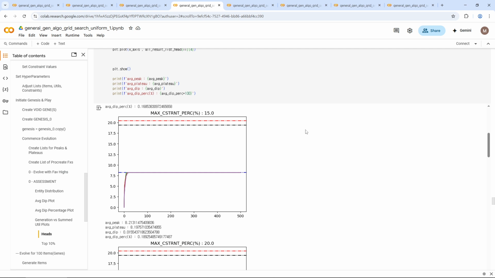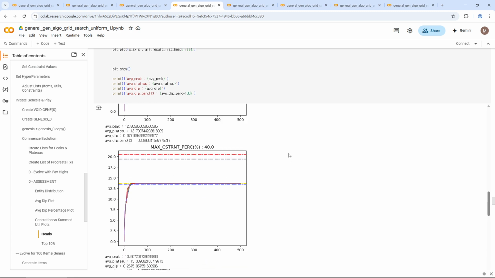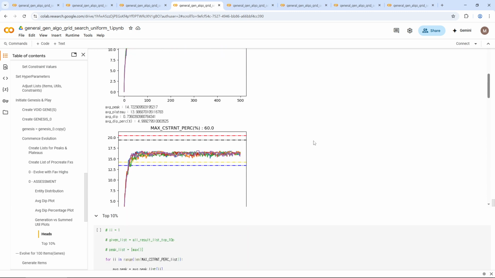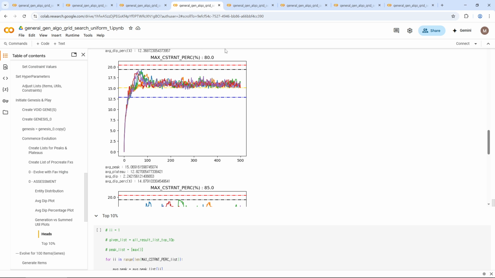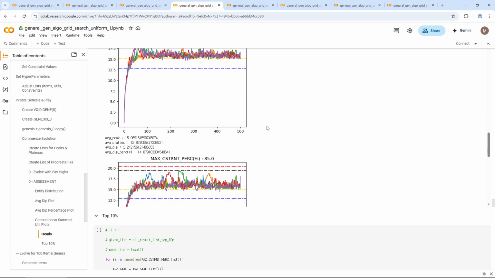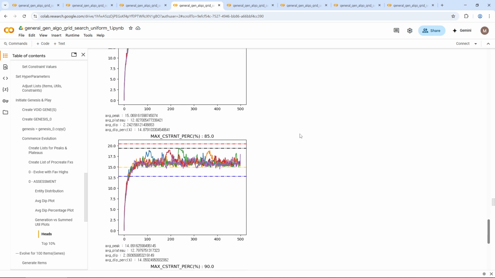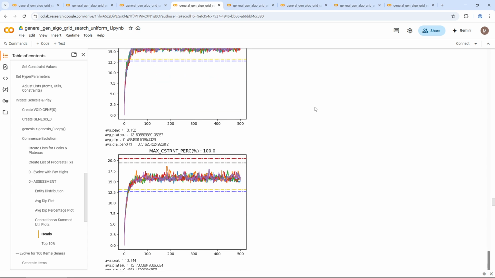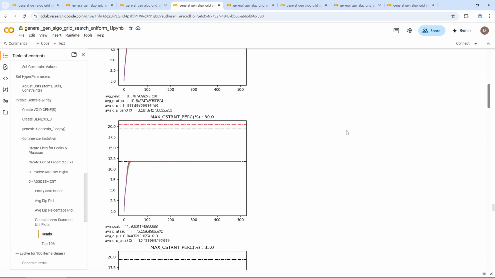When do we hit the maximum error? At 80 we do. No, at 85. Now, we'll have a look at the top 10% when the percentage is at 85. Okay, cool. Let's jump straight to 85%.